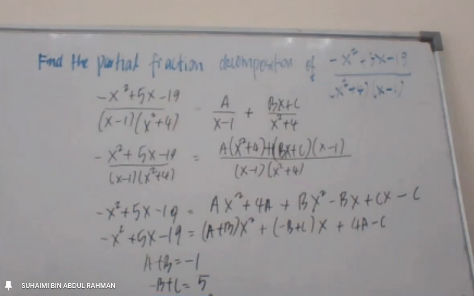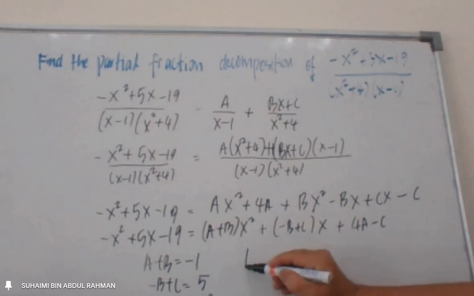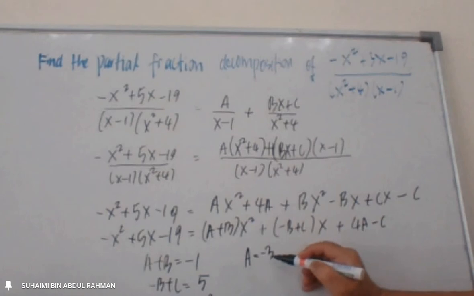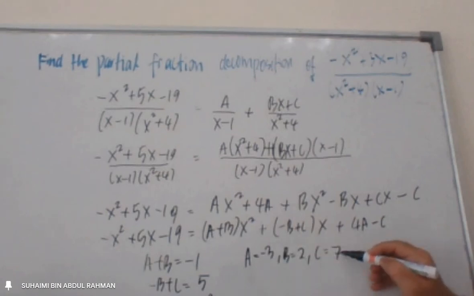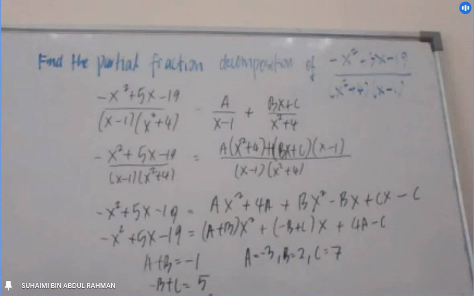A equal to -3, B equal to 2, C equal to 7. Then substitute back.